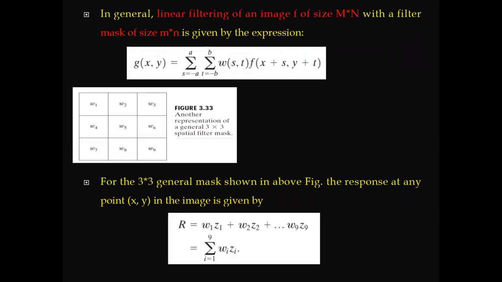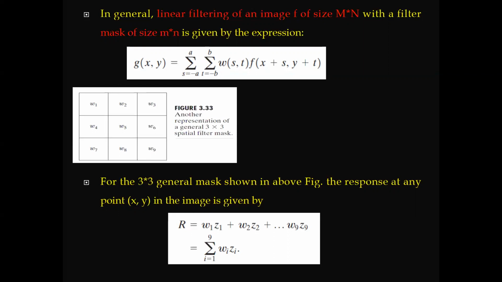Here you can see clearly in figure 3.3 the spatial filter mask whose coefficients are W1, W2, W3, W4, W5, W6, W7, W8, and W9. These are the filter coefficients. We multiply these filter coefficients with the pixel values of an image like Z1, Z2, Z3, Z4, Z5, Z6, Z7, Z8, Z9.